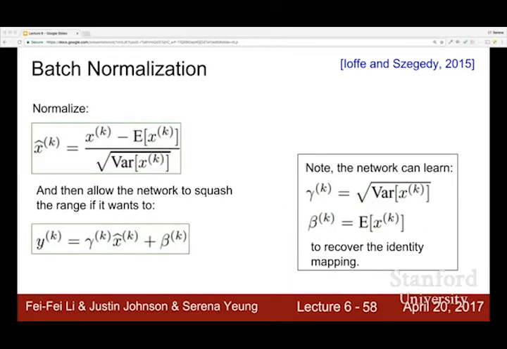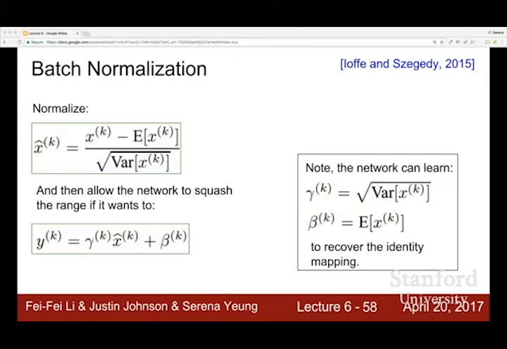And so the way that we address this when we're doing batch normalization is that we have our normalization operation, but then after that we have this additional squashing and scaling operation. So we do our normalization, then we're going to scale by some constant gamma, and then shift by another factor of beta, right?